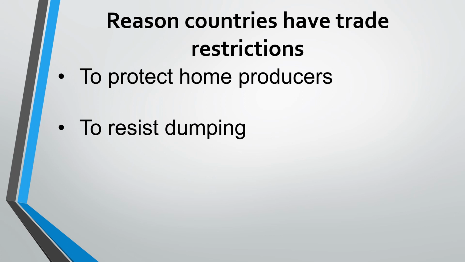This kind of action can be very damaging to some industries in the country where the goods are being dumped. Because if goods are being dumped into our country at a very low cost, persons living within that country would more than likely buy those lower price goods, and local producers won't be able to get their goods sold.